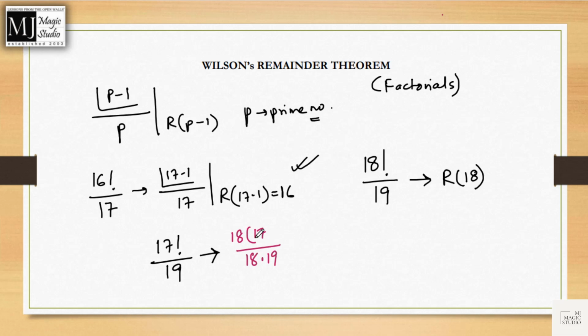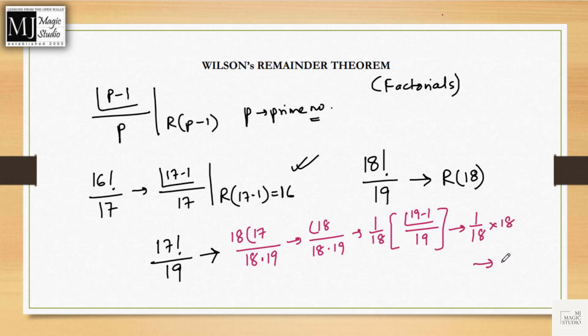Now 18 into factorial 17 is factorial 18. Factorial 18 by 18 into 19. That is 1 by 18 into factorial 19 minus 1 divided by 19. So factorial 19 minus 1 divided by 19 falls in Wilson's remainder theorem, where remainder would be 19 minus 1, that is 18. So final remainder would be 1 by 18 into 18. That will lead to 1.